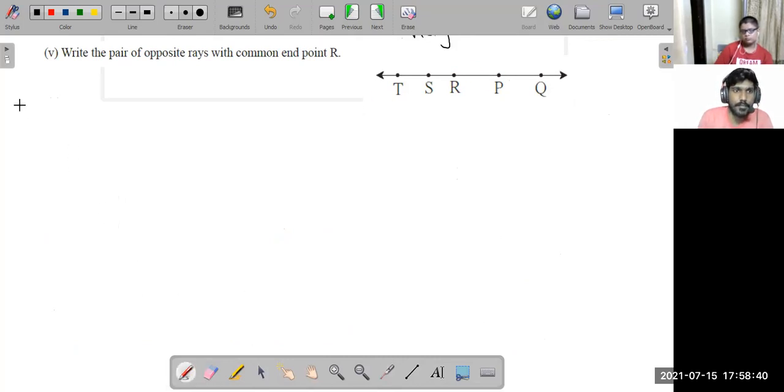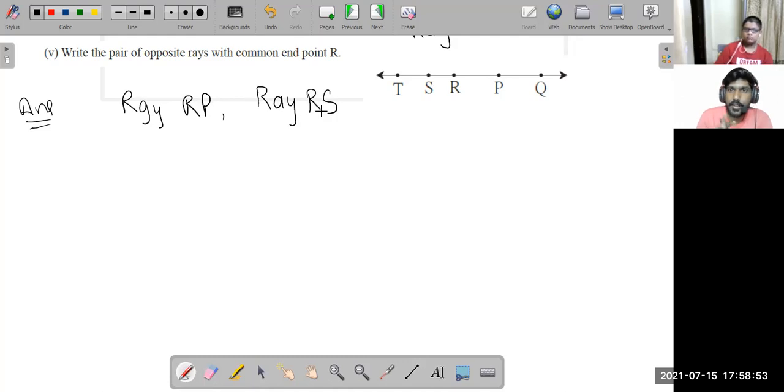For example, first ray RP, and for this the opposite is ray RS. Correct? These are opposite, RP and then RS. So similarly, can you tell me others? Ray RQ and ray RT.